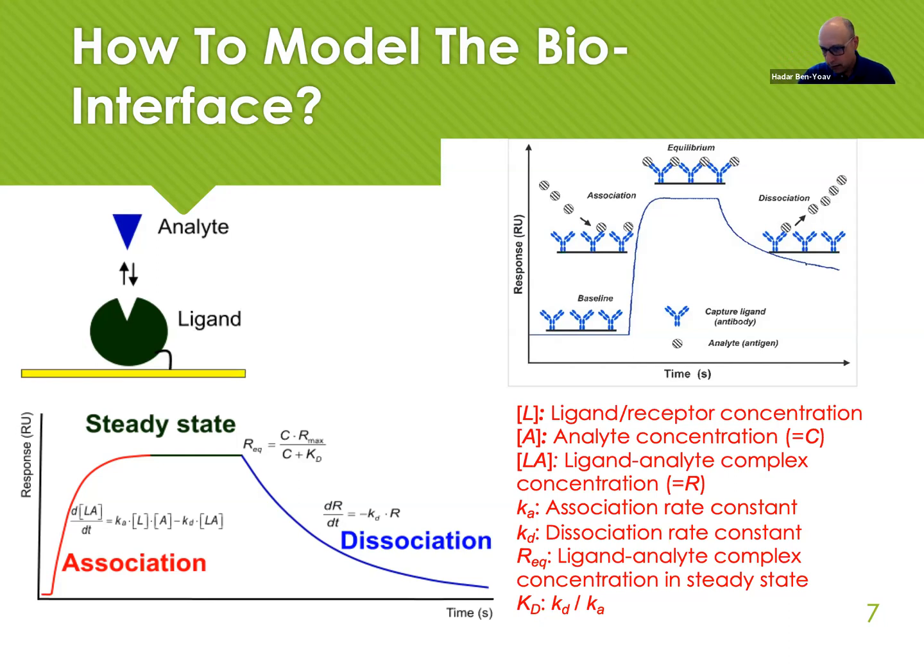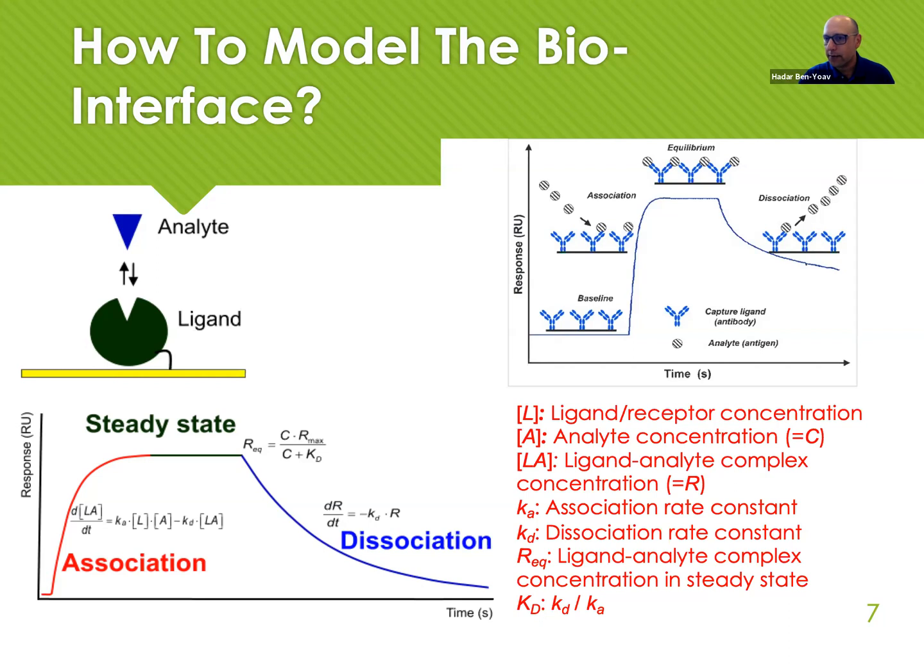At this time, we introduce to the system the analyte, these rounded white and black balls. And then over time, we have more and more analyte bound to the antibody, the receptor. So the signal increases because more and more analyte binds to the receptor.